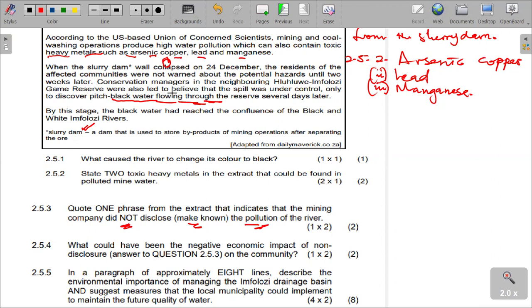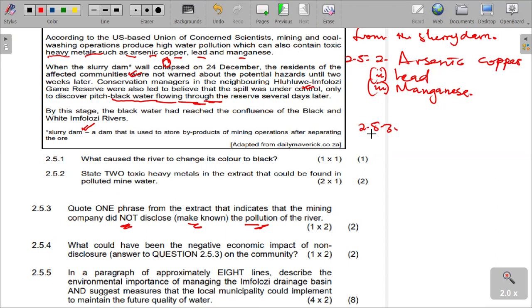We also talk about the promise of it being under control, because if they were warned, they could have known that the spill was not under control.